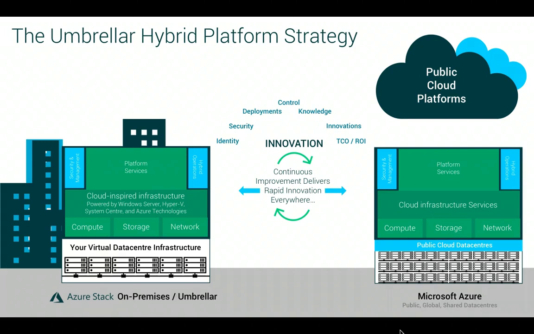I want consistent identity management across my platforms. Security is fundamental, and Azure Stack addresses that. Consistent deployments between Azure Stack in country and that of the public cloud in Microsoft Azure. Single control across both. One platform to learn. And ultimately, a consistent total cost of ownership between where I run my workloads.